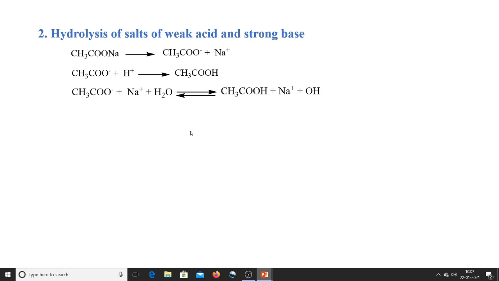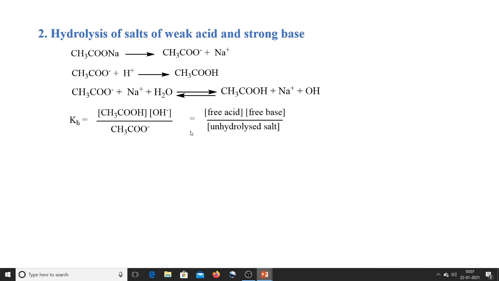So we can write by using the law KH is equal to product divided by reactants. Here product is CH3COOH into OH minus upon acetate ion. So acetic acid is free acid, OH minus is free base, and this is the unhydrolyzed salt, where KH is the hydrolysis constant of salt.